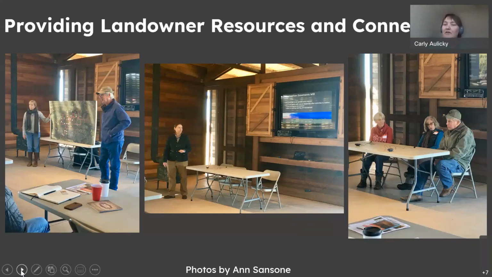And it's one of my favorite things to do, especially watching landowners who have never met each other before sit down in a room and start talking about some of the problems that they have and the things that they love, and watching these people connect on their passion for this ecosystem.